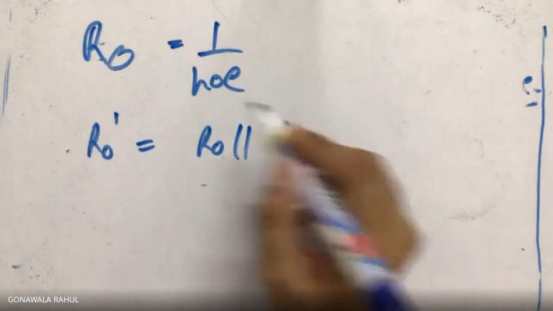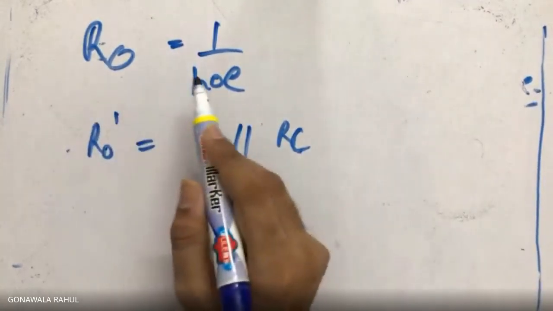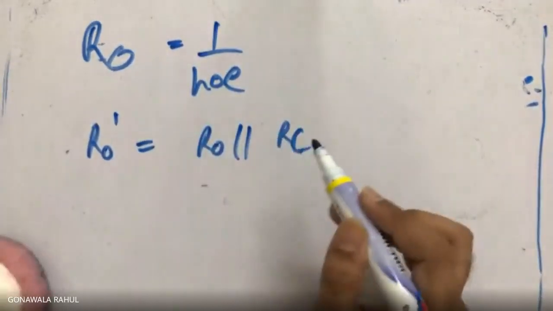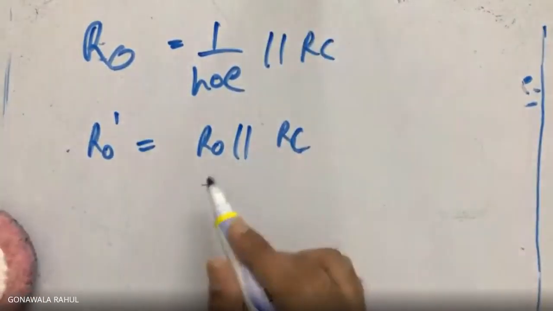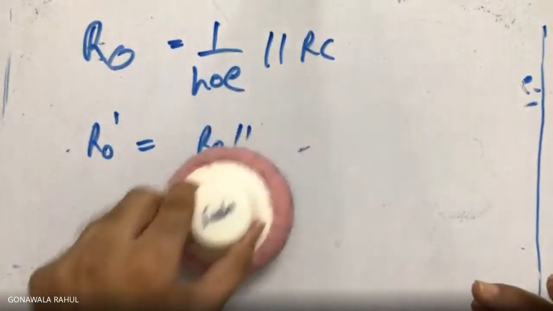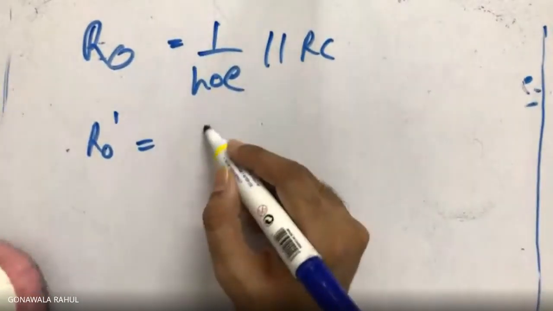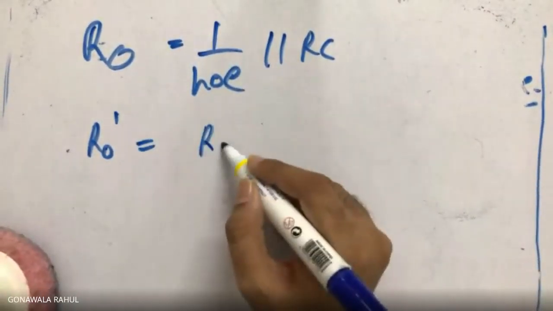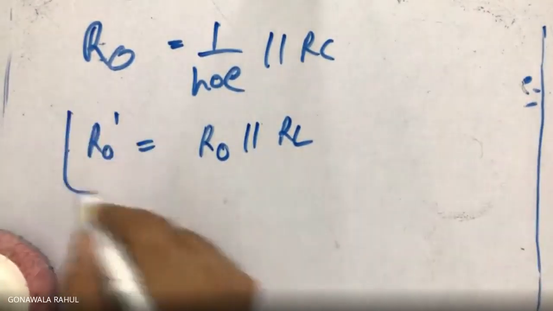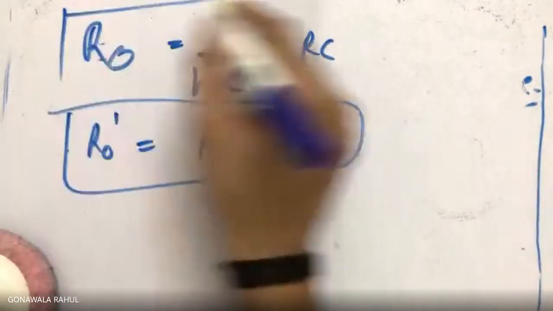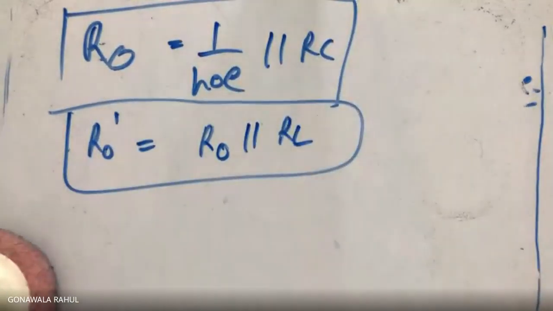So the output impedance is 1 over hoe parallel RC. And the output impedance of the circuit would be Ro parallel RL, because we also have RL. So this is Ro dash and this is Ro, the output impedance.